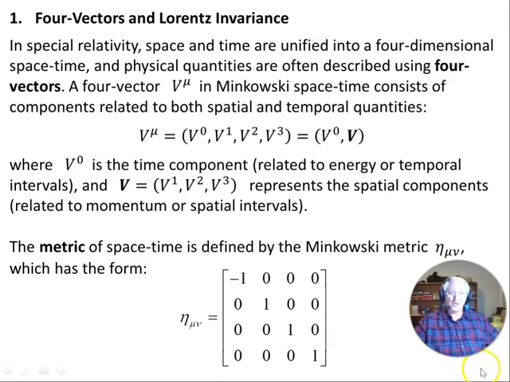In general relativity and curved space-time, these components won't be constants. Well, they can be constants, but can also be functions of coordinates. But in flat space-time and Minkowski space-time, which is Euclidean plus time, these are just constant.